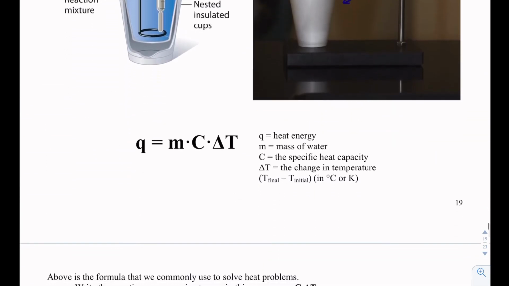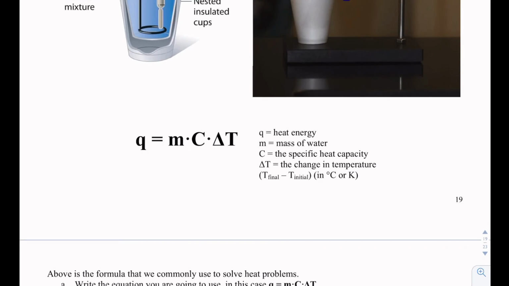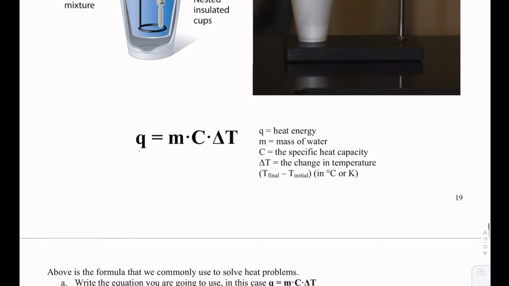Okay, now this equation is called Q equals MC delta T. Q is the amount of heat gained or lost by our system, and we're going to measure that in joules. M is our mass. We're going to measure that in grams. C is our heat capacity.